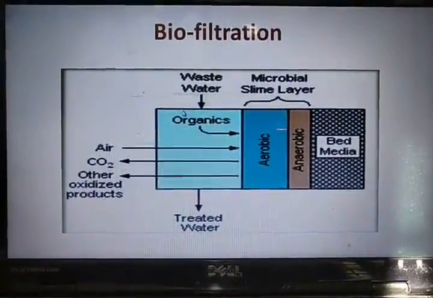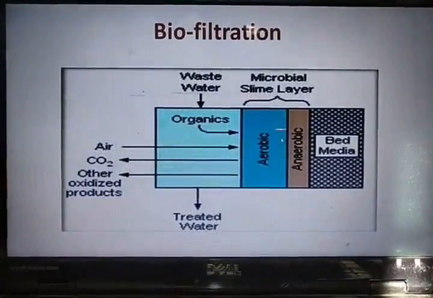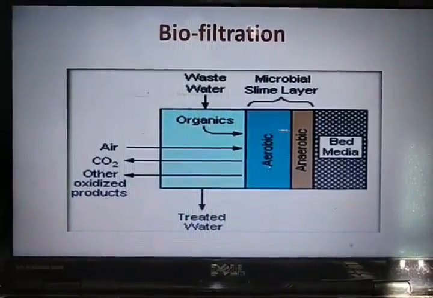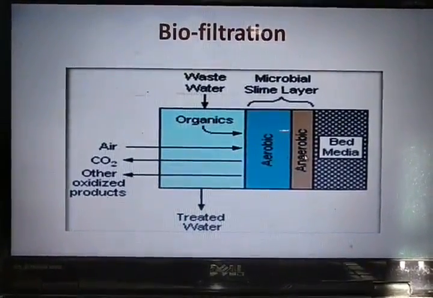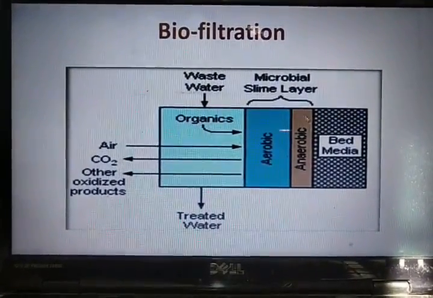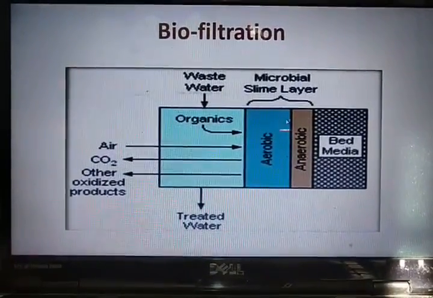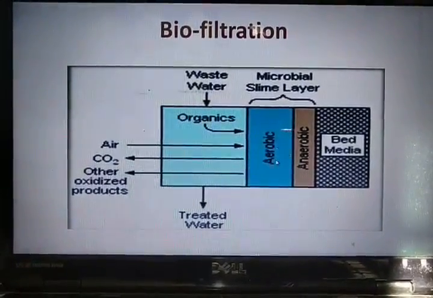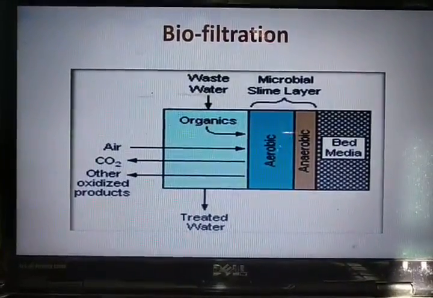When the wastewater is allowed in, there may be two different layers. On the top you will have the aerobic layer, and below that you have the anaerobic layer, and this is the filter bed. On this filter bed the microbial culture, the microbial slime layer, will grow, with the aerobic layer at the top and the bottom layer turning anaerobic.